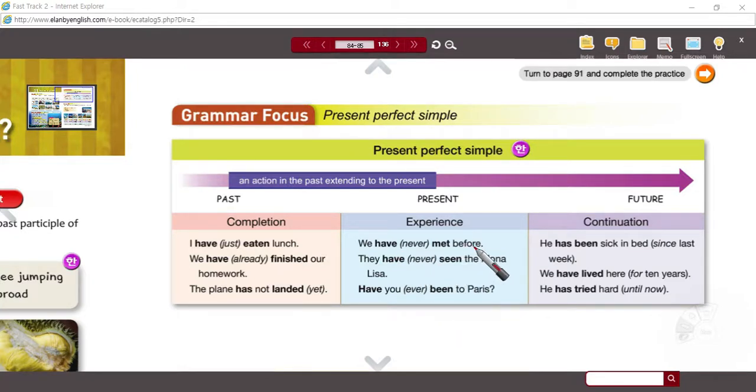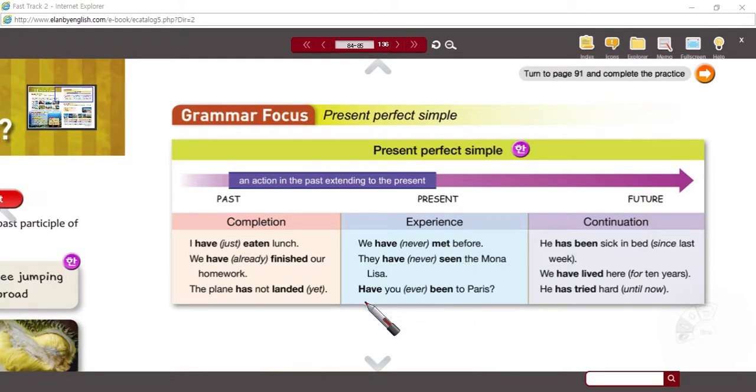We have never met. Have you ever been to Paris? Okay, so these are experiences and could reflect any time in the past. Yesterday, 2 months ago, 10 years ago. It's not really important. I'm just wondering if it's something that has happened to you.